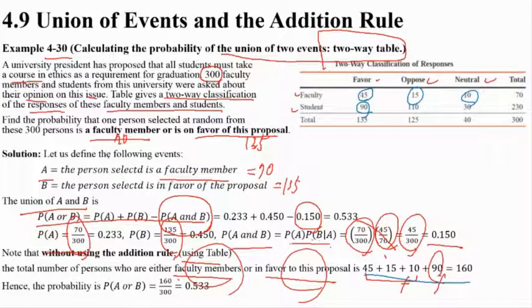And then here you go, the probability of A or B, which means all together 160 out of 300. Because we are looking for where either condition is satisfied, 160 out of the total number, 300.